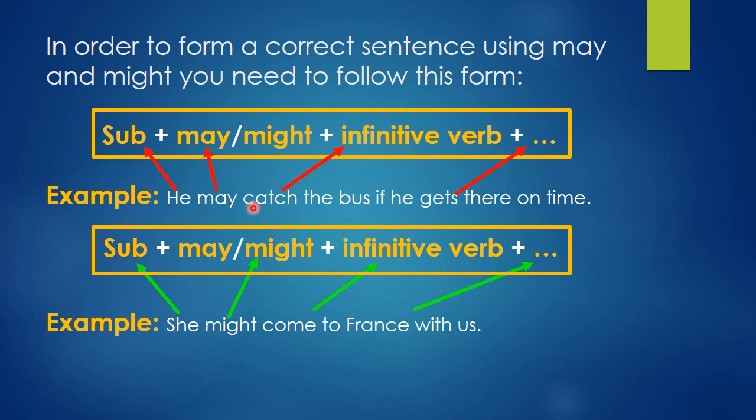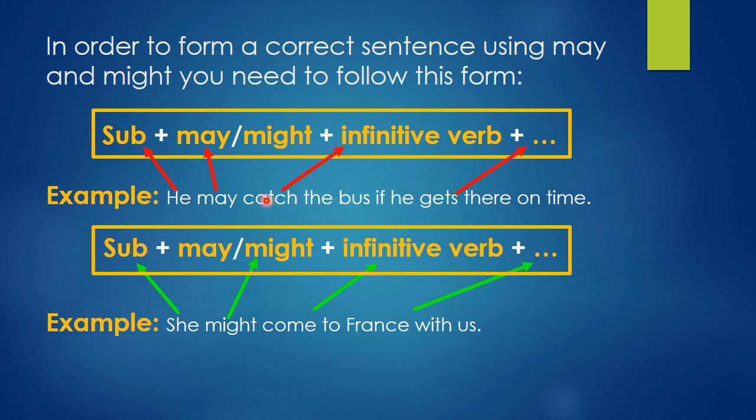So let's see here an example. He may catch the bus if he gets there on time. He is the subject, may as it is, catch is an infinitive verb. I know that the subject is singular, so we would normally put an es, catches, but as I said before, may or might are modal verbs, and after modal verbs comes an infinitive verb, so we don't add anything.